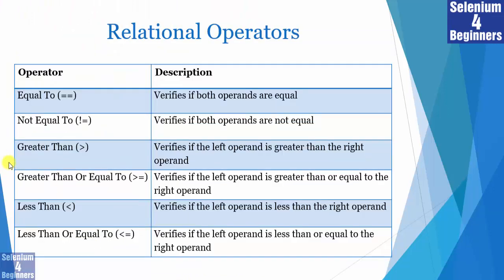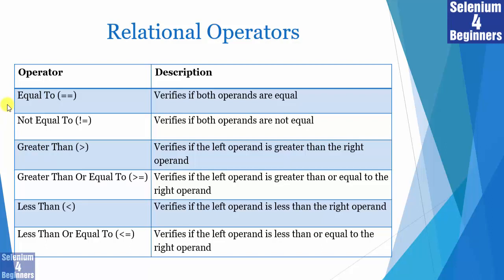Next are the relational operators, which are used to compare values. There are 6 operators that verify the relationship between the left operand and right operand. Equal to verifies if both operands are equal.